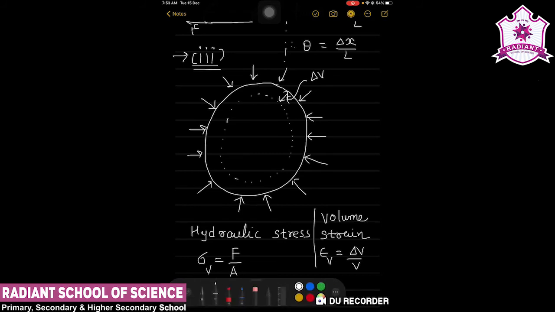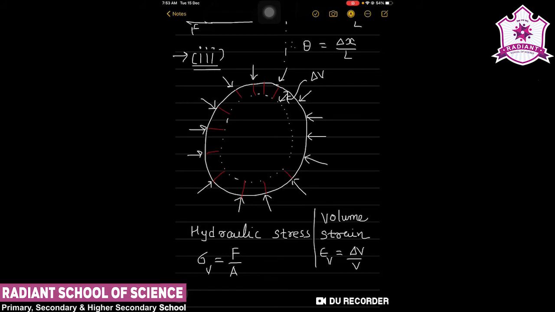Now the new term, that is part 3 or type 3 of stress and strain, that is volume or hydraulic stress or strain. Now we see how it is defined. To understand it, suppose a solid sphere placed in a fluid under high pressure is compressed uniformly on all sides.